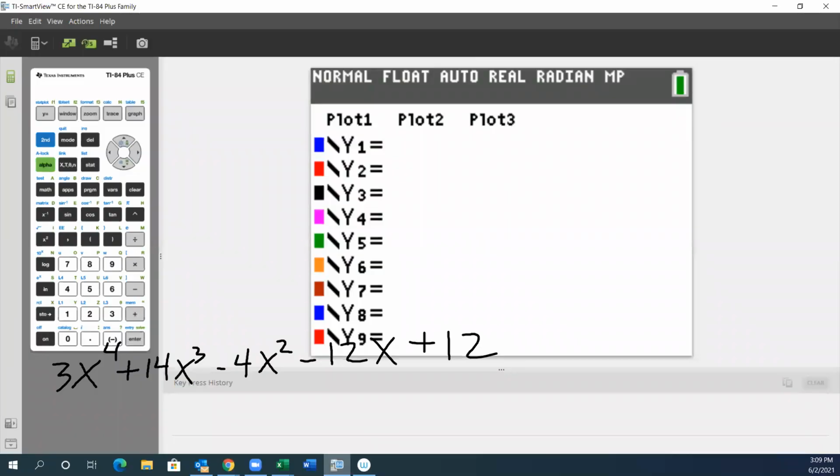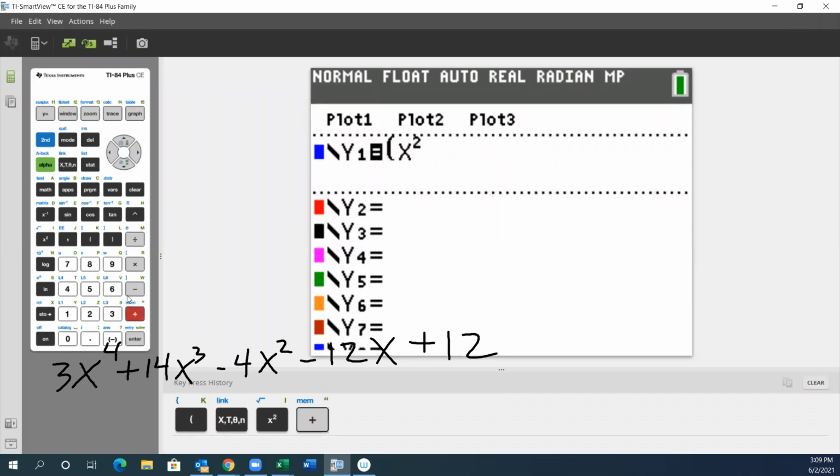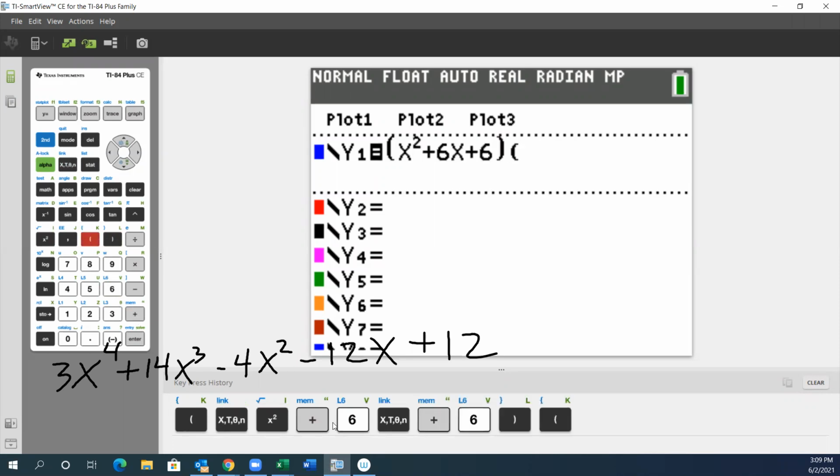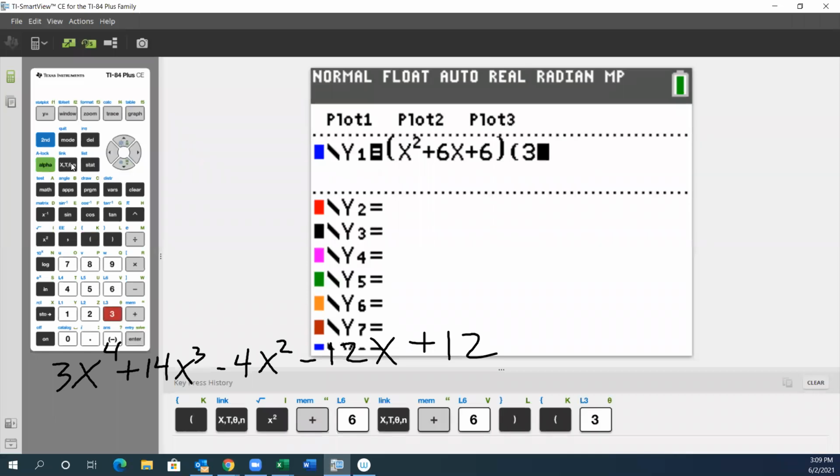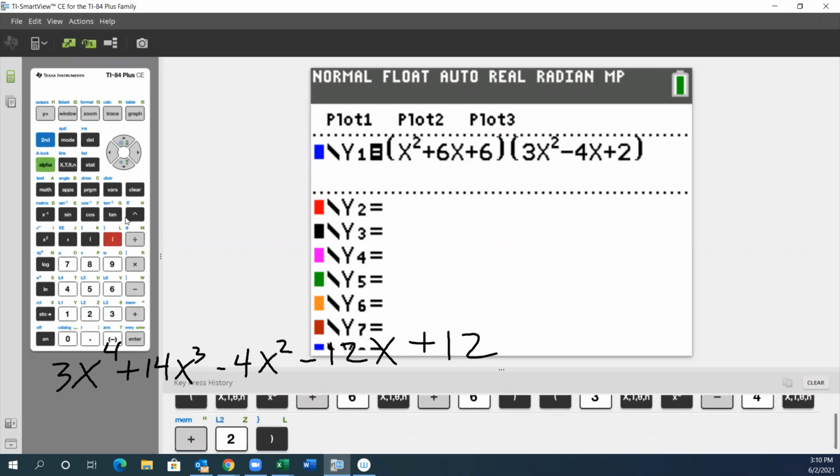All right, so the original expression, x squared plus 6x plus 6 with parentheses. And then 3, -4, and 2. I'm just looking at the coefficients.